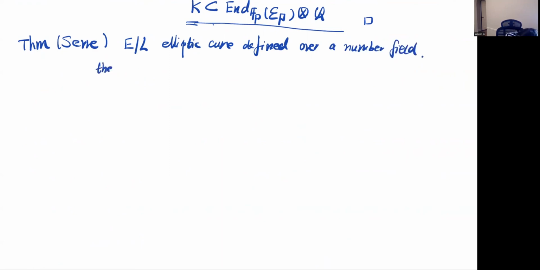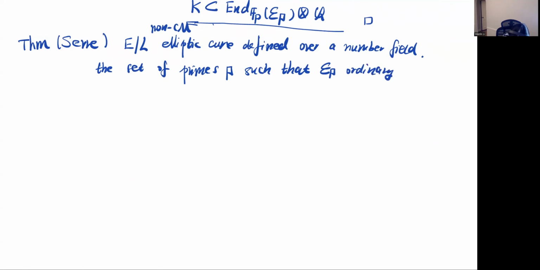Suppose E is a non-CM elliptic curve. We already see how CM works. Then the set of primes P such that E_P is ordinary has density 1.